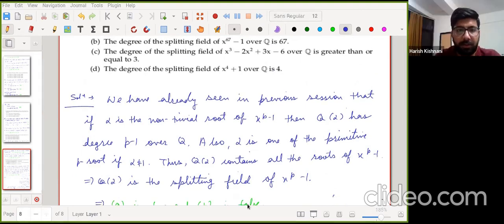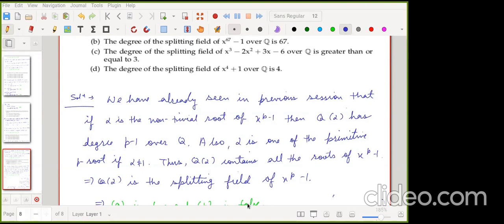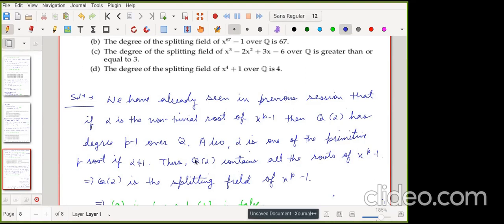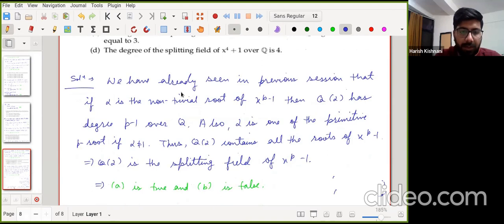Yes, Muthu, what do you want to say about it? That cubic equation, the roots that do not belong to Q, sir. The two roots do not belong to Q. Yeah, so two of the roots are not there.